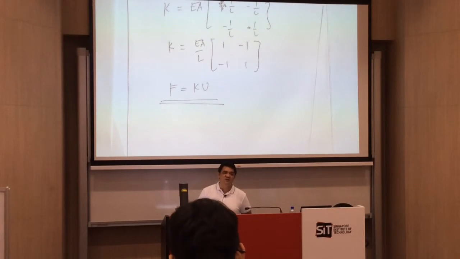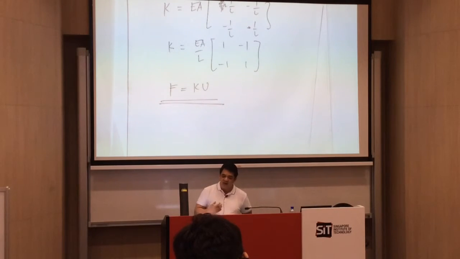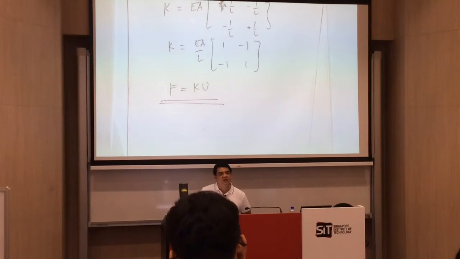We have been using finite element since last year, and we are able to determine the displacements. But if you're using ANSYS or Abaqus, what you're determining in addition to the displacements are the stresses. So how can we calculate the stress?